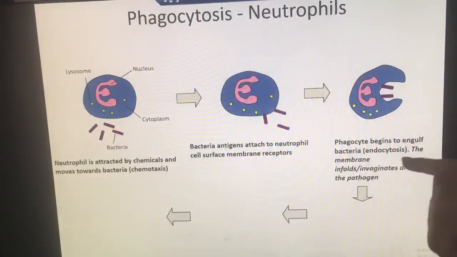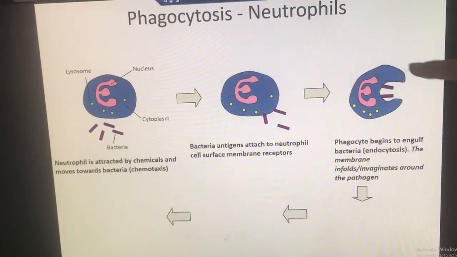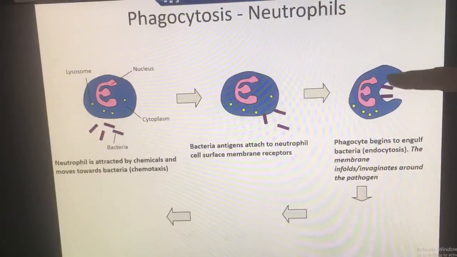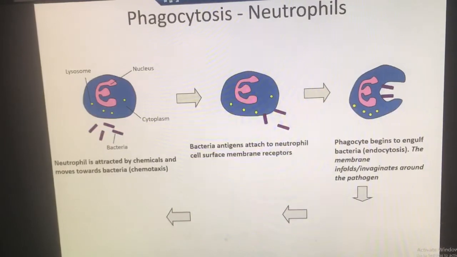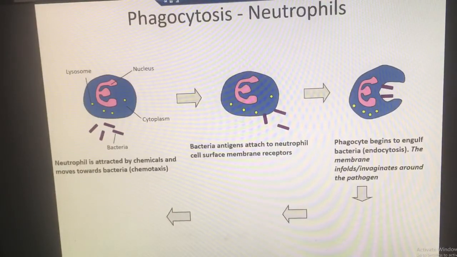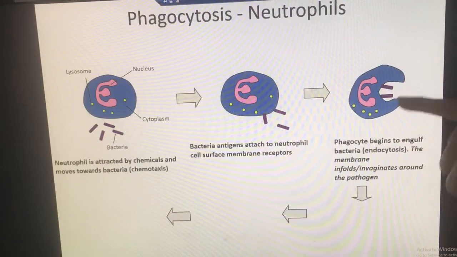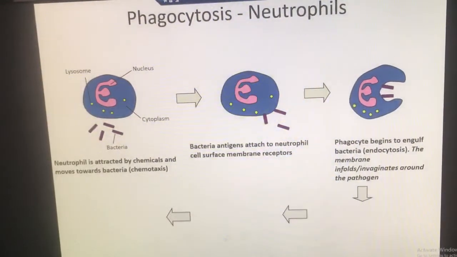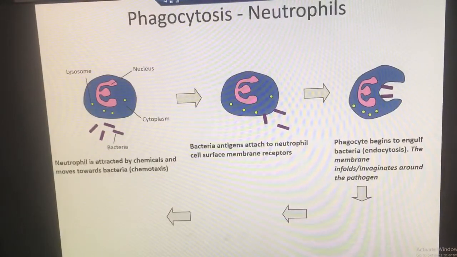Now, we've looked at this process in semester 1, this process of endocytosis, and we can describe the neutrophil membrane as infolding around the pathogen or invaginating around the pathogen. And these projections here on our neutrophil, as that membrane infolds or invaginates, are called pseudopodia.